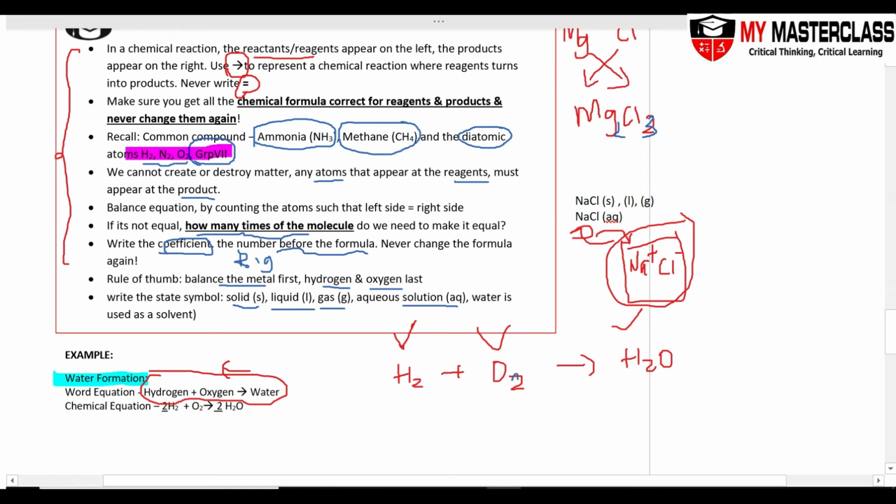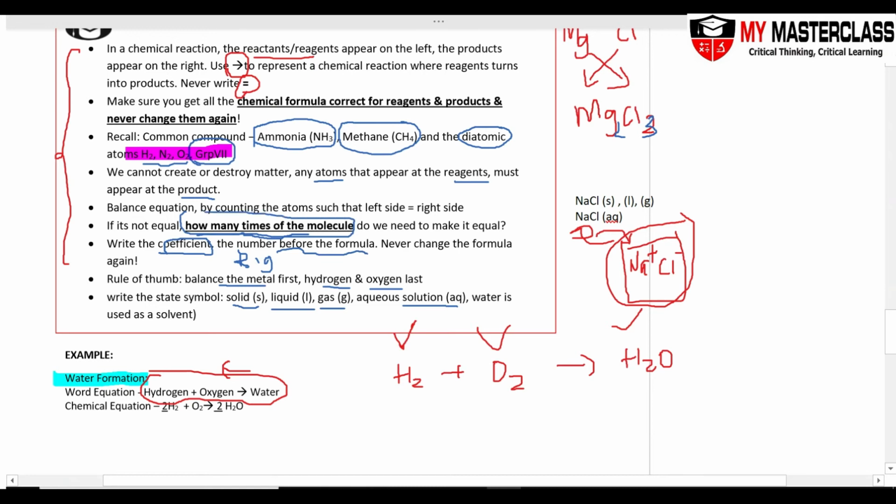Do you go and cancel the 2 from your oxygen? No, because oxygen exists as two atoms, it doesn't exist as one atom. One atom is not stable. So I cannot go and change the formula after it's all correct. What must you do? You must balance it by how many times the molecules I need.